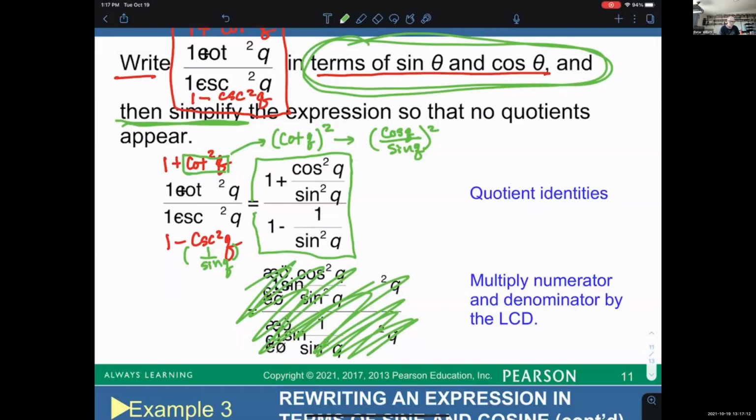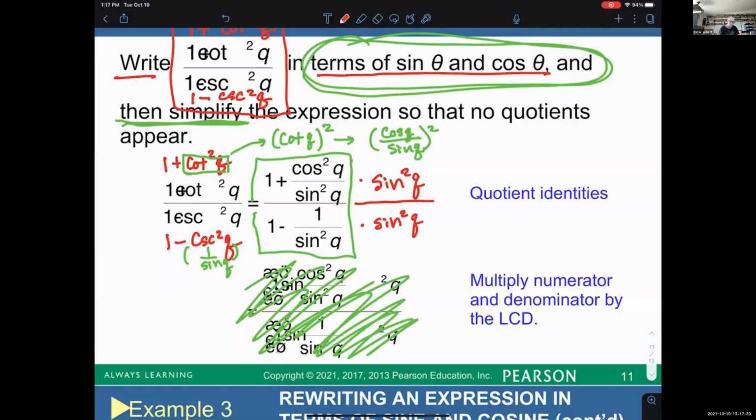Well, when you have little fractions with these denominators of sine squared in them, you multiply the top and the bottom of the big fraction by the LCD of the little fractions, which in this case is sine squared on top and the bottom. Again, this is a tactic taught in algebra that might have been forgotten at this point.